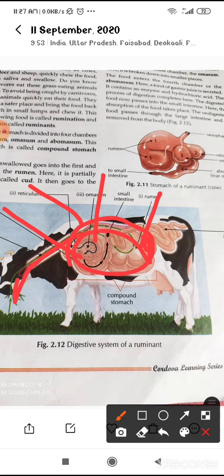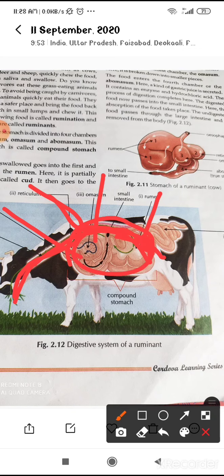Cellulose is a type of carbohydrate. Digestion of the cellulose takes place in the rumen, and the partially digested food is known as the cud.